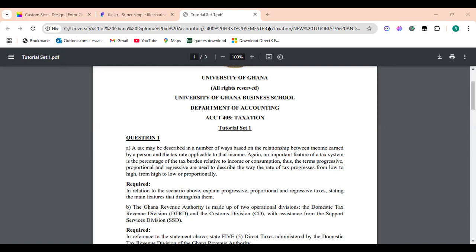All right. So today we'll be talking about tutorial set one of taxation. Basically, this tutorial set is more about understanding the basic principles of tax, like the definition and introduction of tax.